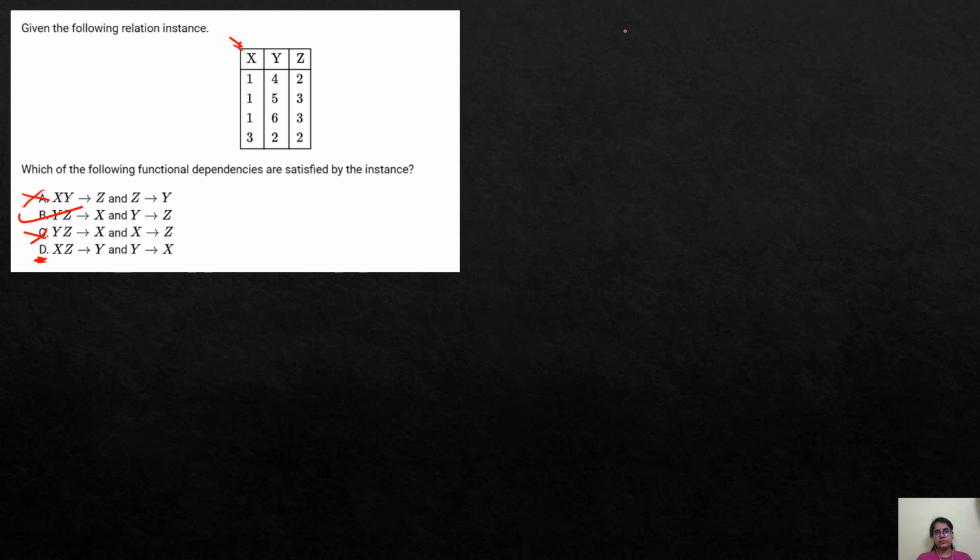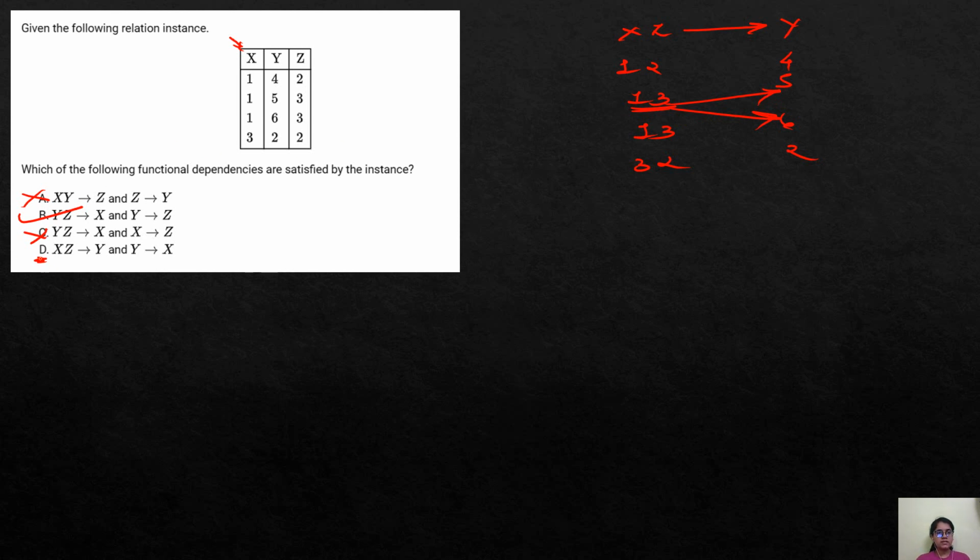Okay, so XZ determines Y. XZ values are 1 2, 1 3, 1 3, 3 2, and Y values are 4, 5, 6, 2. Here 1 3 has two values, which is incorrect, violating the law of functional dependencies.